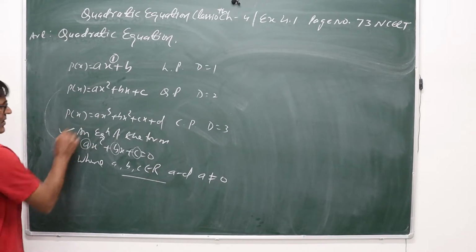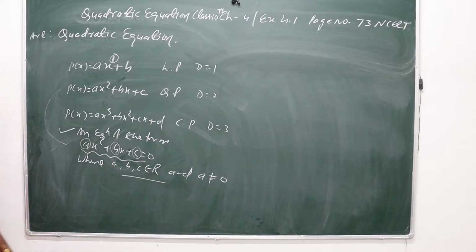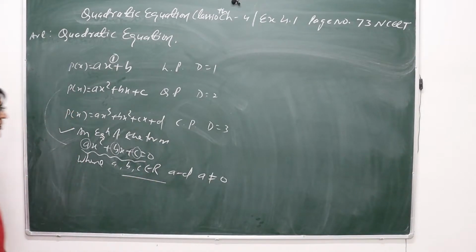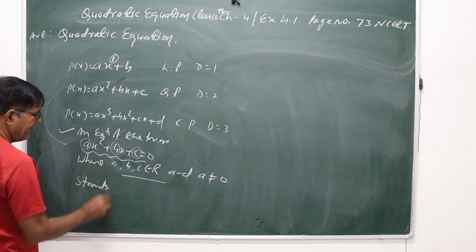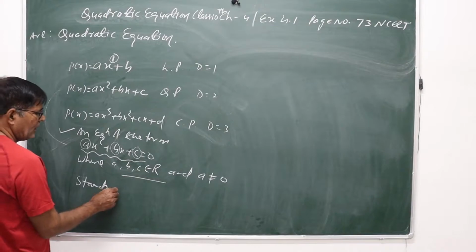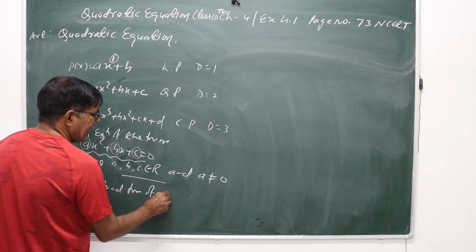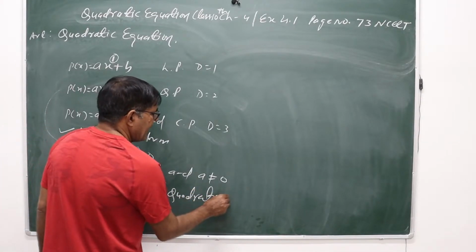So an equation of the form ax square plus bx plus c is equal to 0 where a, b, c are real numbers and a is not equal to 0 is known as a quadratic equation or the standard form of a quadratic equation.